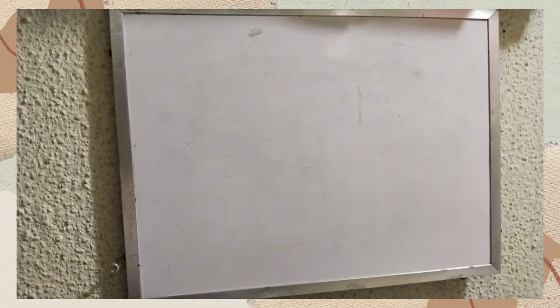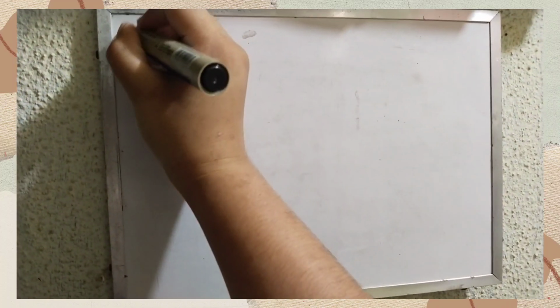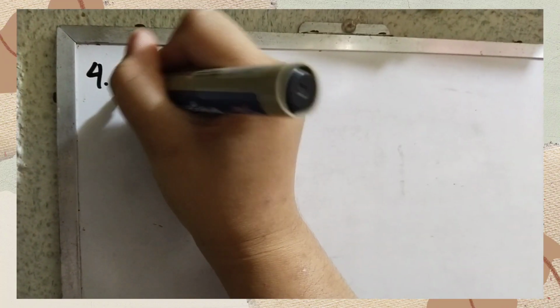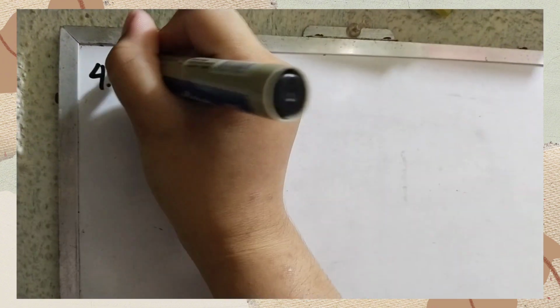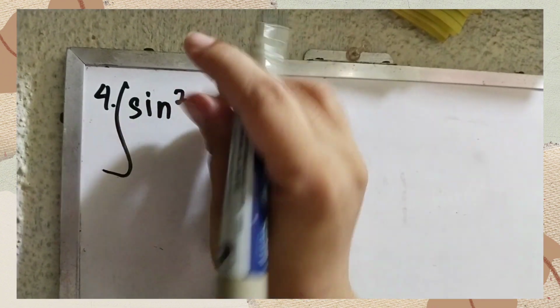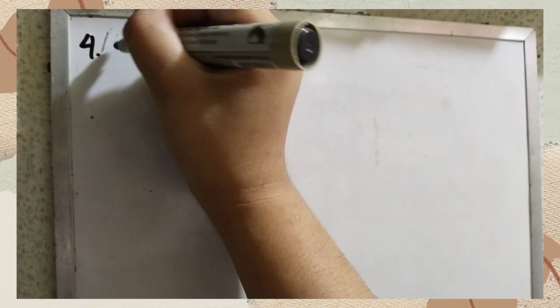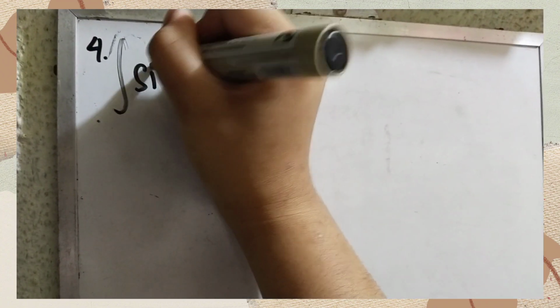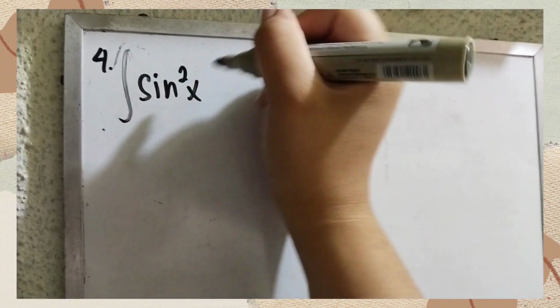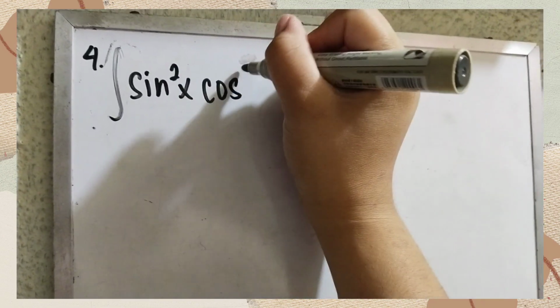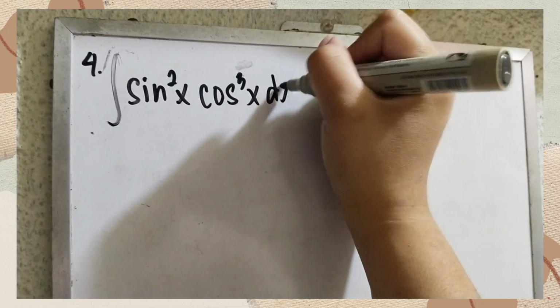Okay, now let's have our fourth example. Example number 4, we have sine squared x. Sorry, I forgot the integral. Let's rewrite that. So, the integral of sine squared x times cosine cubed x dx.